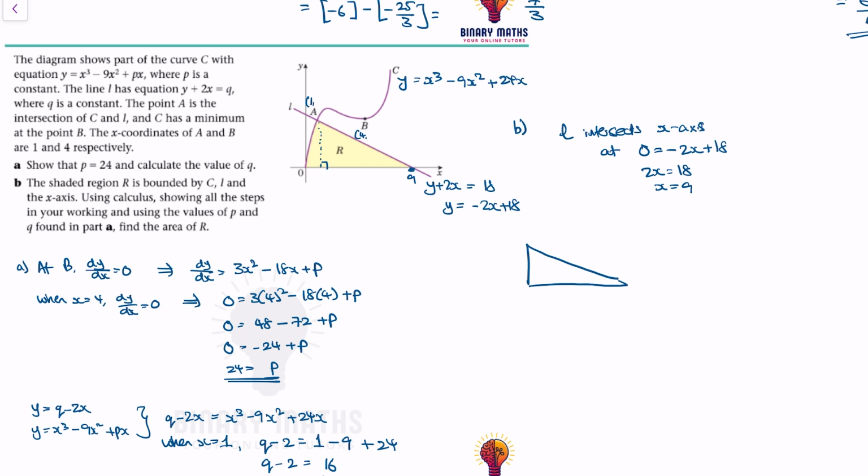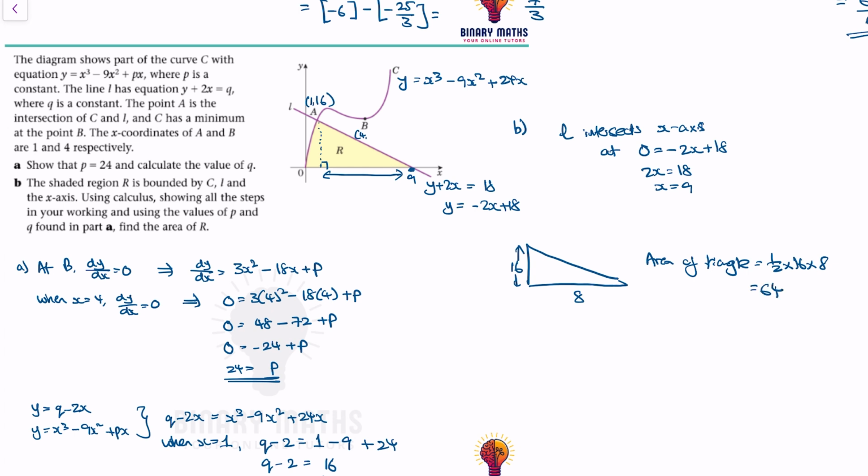If I substitute 1 into the equation of the line, I get minus 2 times 1 plus 18, which is minus 2 plus 18, which is 16. Which means the height of this right angle triangle is 16. And the base, because it starts from A, where x is 1, and goes to 9, is 8. So the area of the triangle is equal to half times 16 times 8, which is equal to 64.